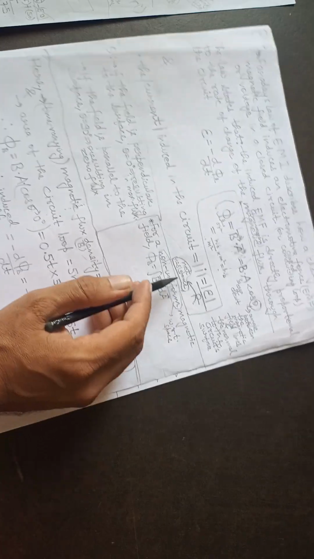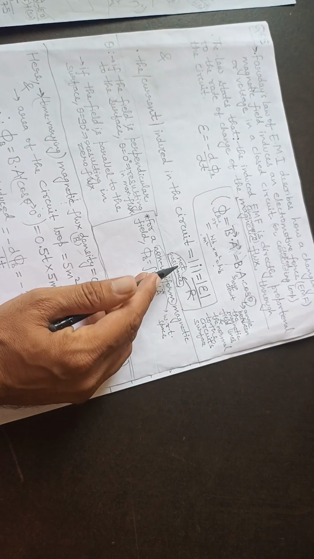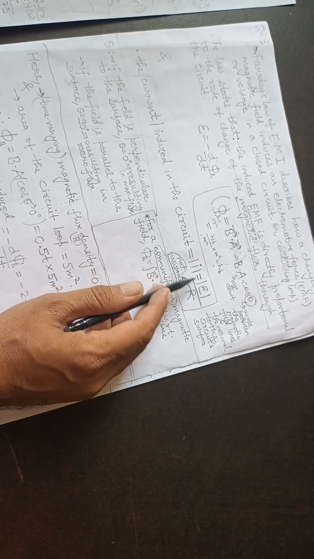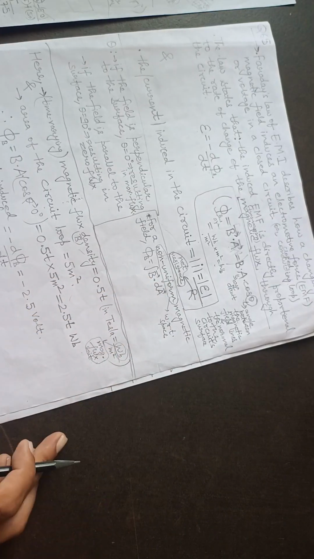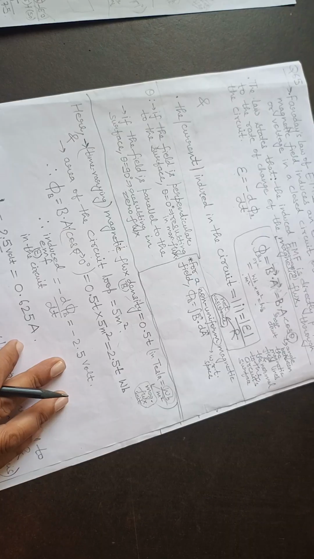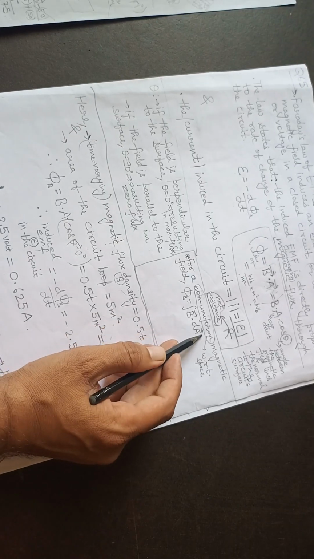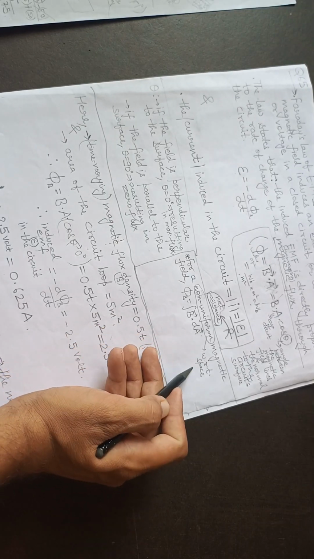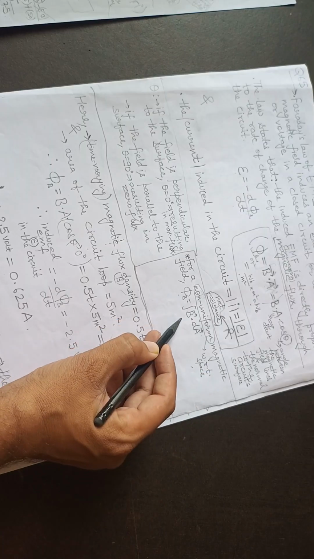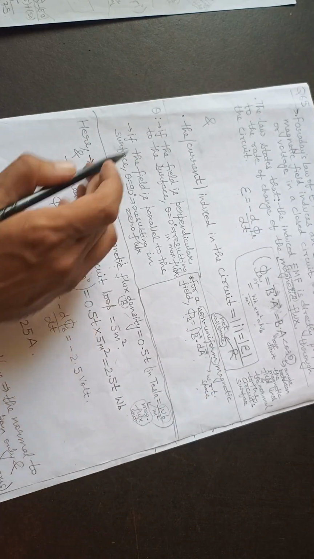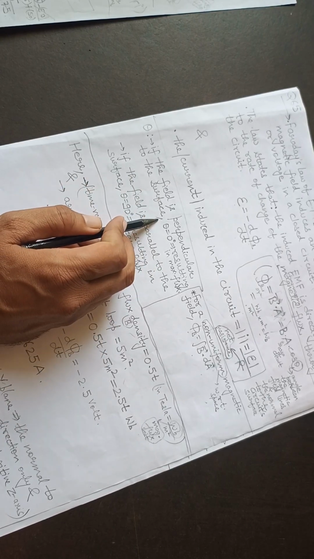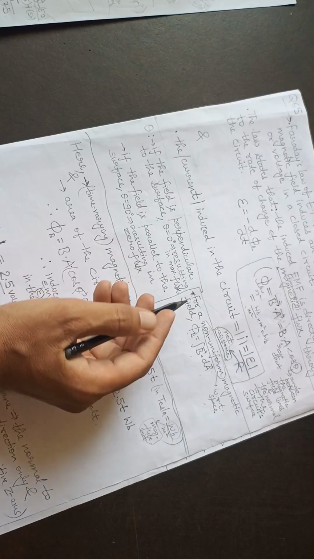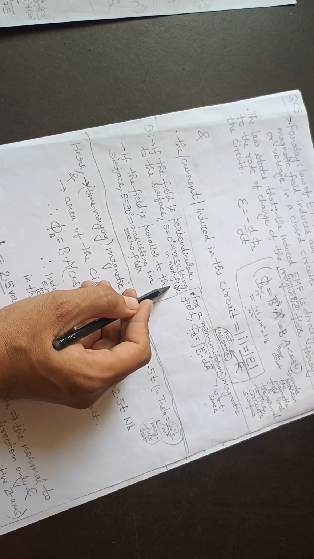Now the current induced in the closed conducting loop, I, is equal to the EMF upon the net resistance of the circuit. If the magnetic field is non-uniform, varying with respect to space, then we use phi B equal to the integral of B dot dA. Two points: if the field is perpendicular to the surface, as here, then theta is 0, resulting in maximum flux.